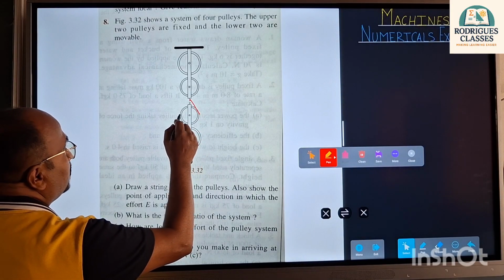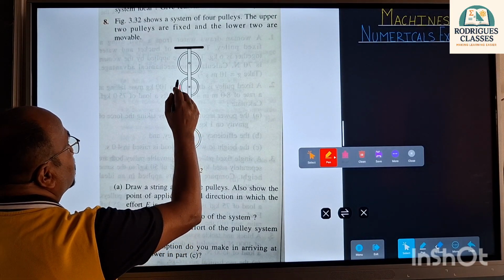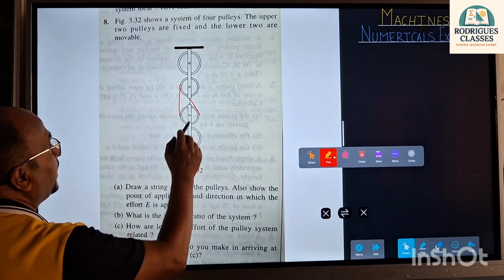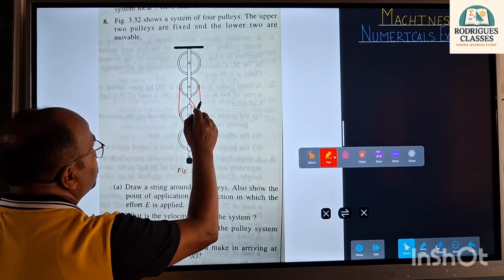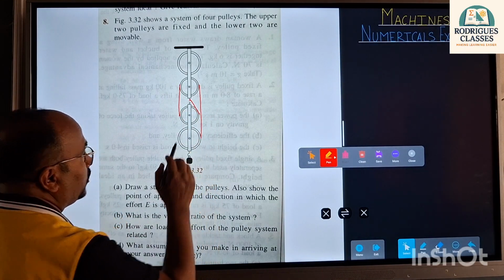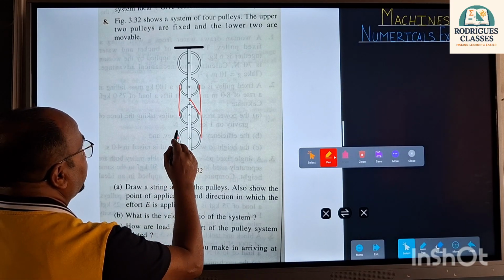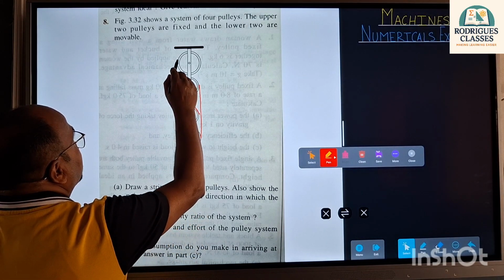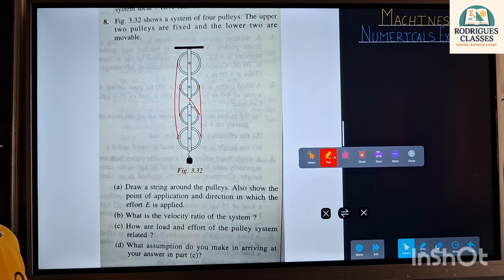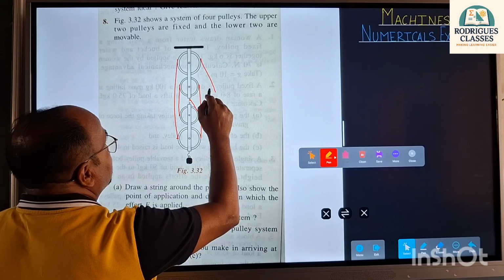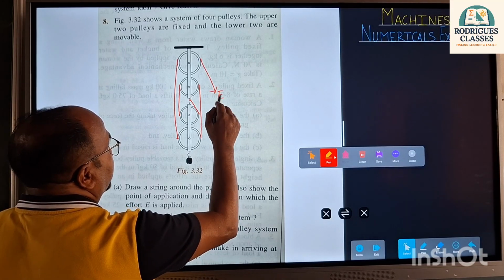It will take a round and then go to the below pulley of the upper block. From there, it will come to the bottom pulley of the lower block. The string will take a round and then it goes to the topmost pulley in the upper one, and then the effort string will come. This will be your effort.